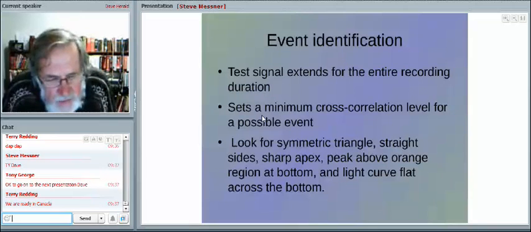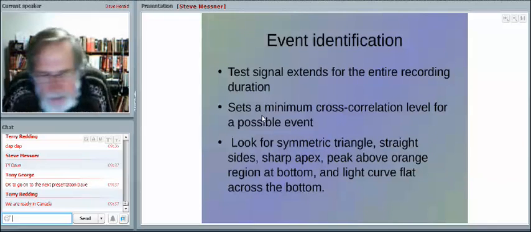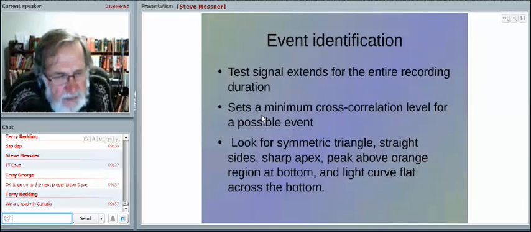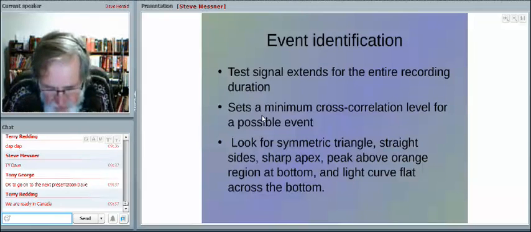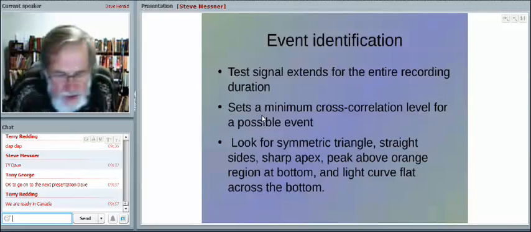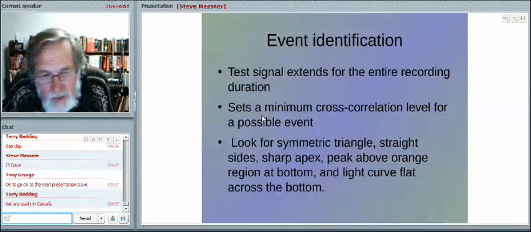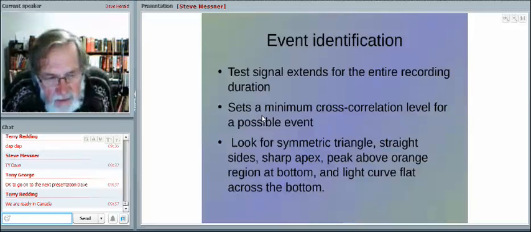I also do a minimum cross-correlation level for a possible event. The first pass through, I say, what if I have a possible occultation of a single frame, what's the maximum value of the cross-correlation function across the whole recording?